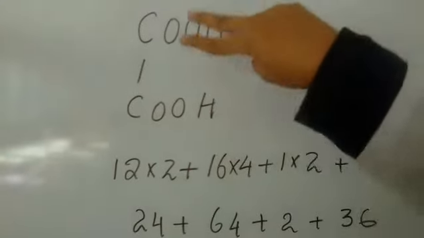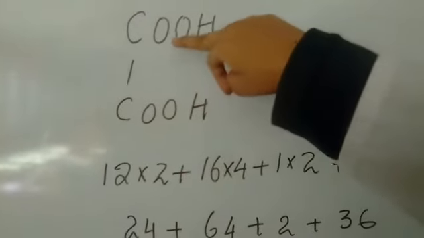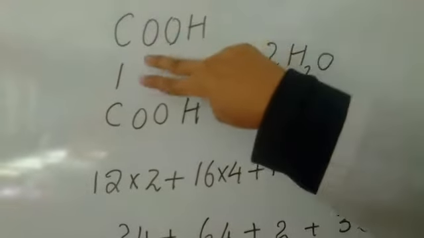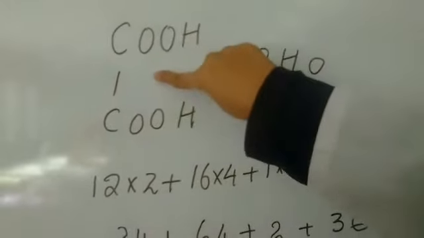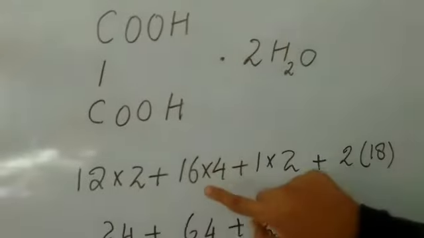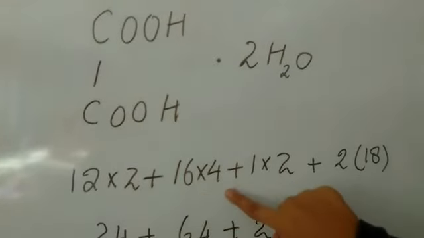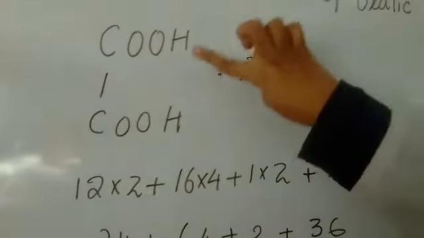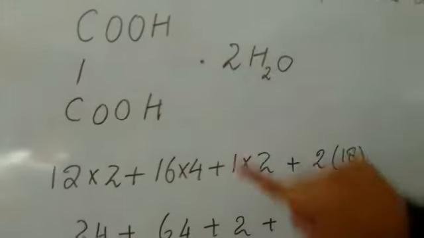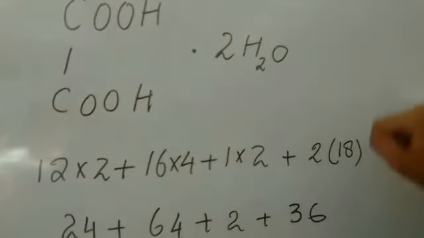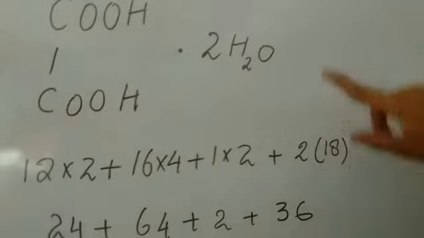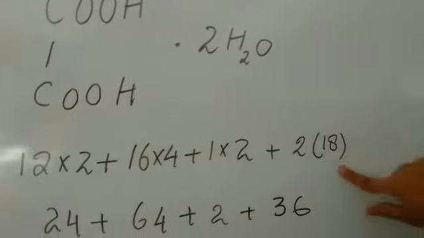Plus 16, 16 is the atomic mass of oxygen. As you see, there are 4 oxygens, so we multiply 16 with 4. The atomic mass of hydrogen is 1, so 1 multiplied by 2 hydrogen, plus 2, the molecular mass of water is 18.